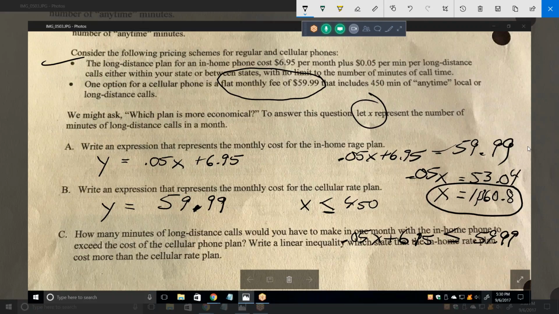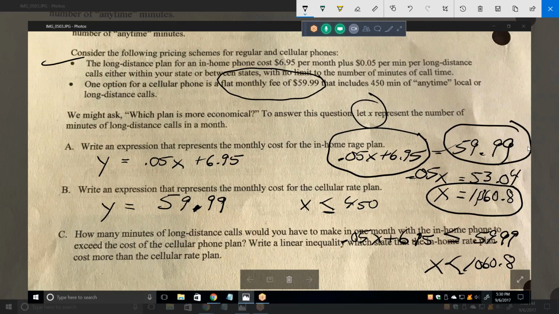So when we solve this for x, we get x is less than that to make this plan cheaper than this plan.